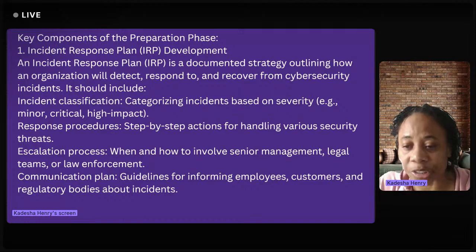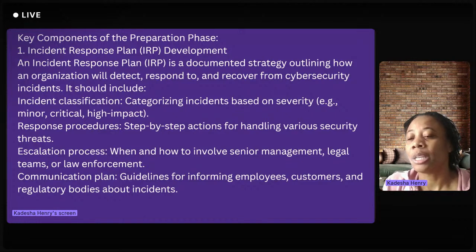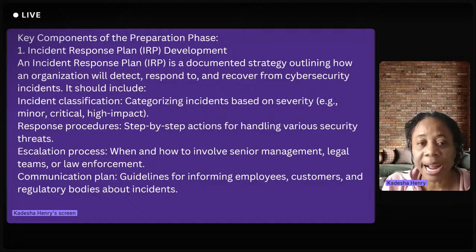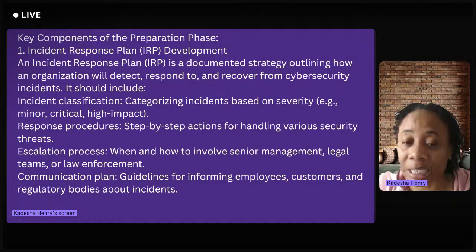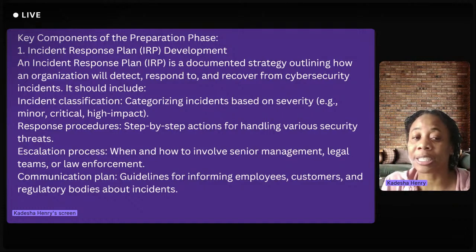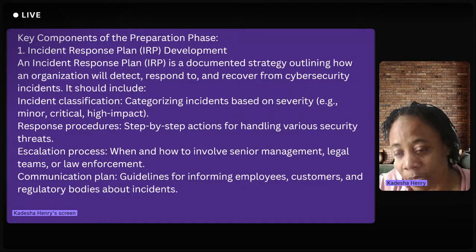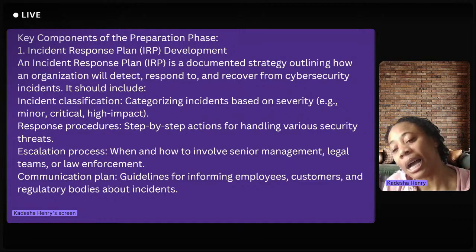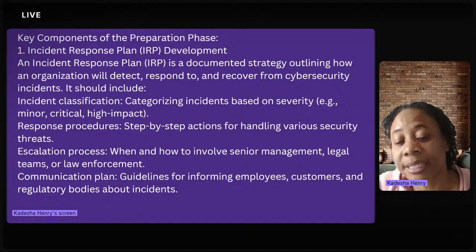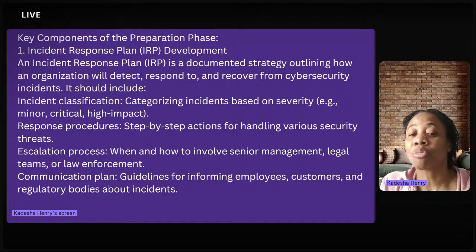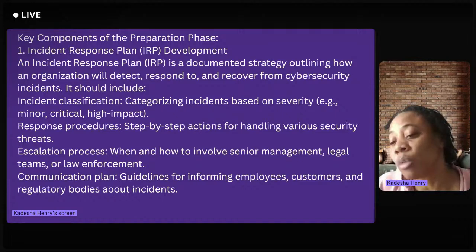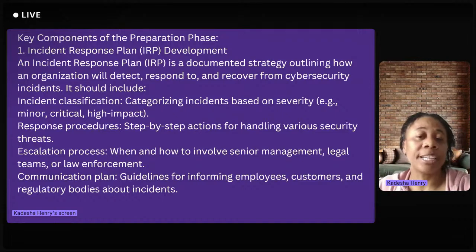Response procedures. In this stage, we have procedures, right? What are the step-by-step actions for handling various security threats? So if it's a ransomware attack, what are the step-by-step, right, process or actions that you're going to take to handle that ransomware?